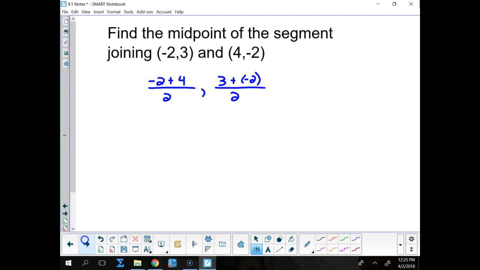I add them and divide by 2. -2 plus 4 is 2, divided by 2 is 1. 3 plus -2 is 1, divided by 2 is 1/2. So the midpoint of those 2 points is 1, 1/2. Okay.